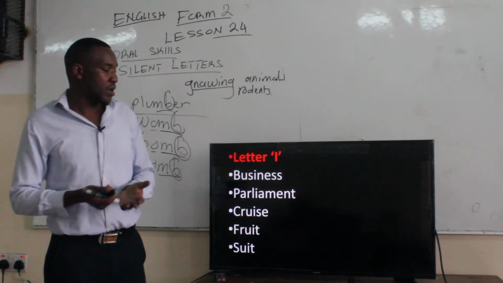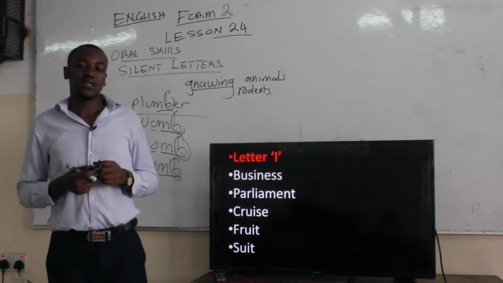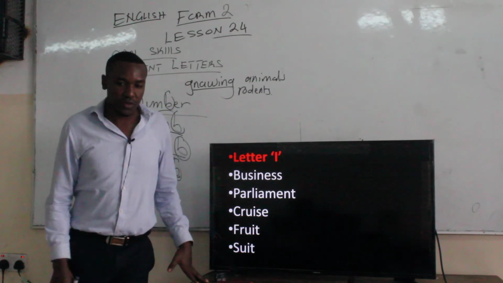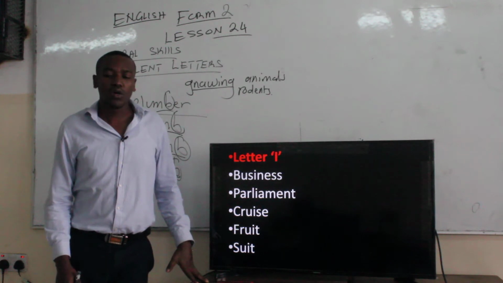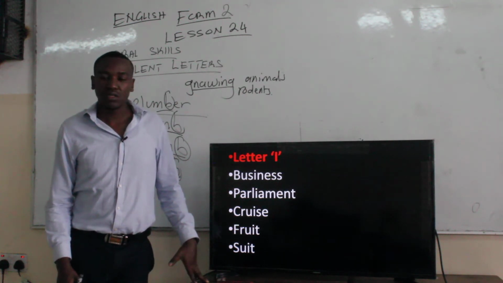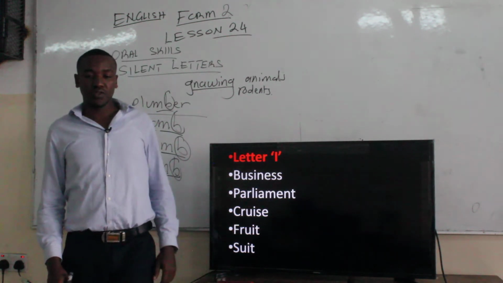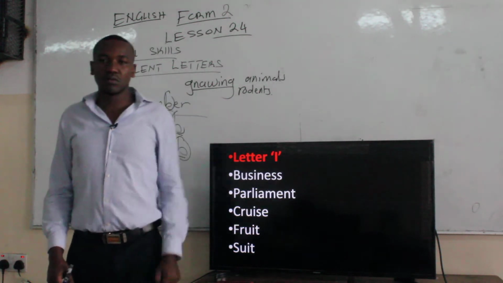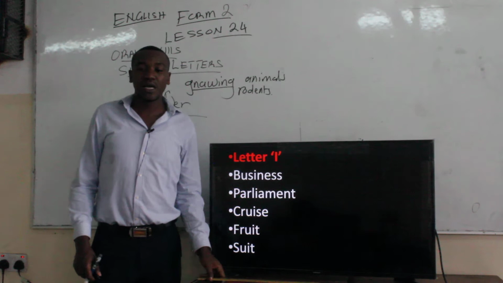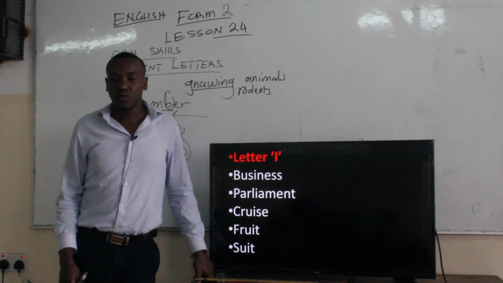Then in these words where we have U and I, the I is also silent, whereby you say cruise, fruit, suit, fruit, and cruise. Because the U is much harder as compared to I, that's why the I is silent in those words.